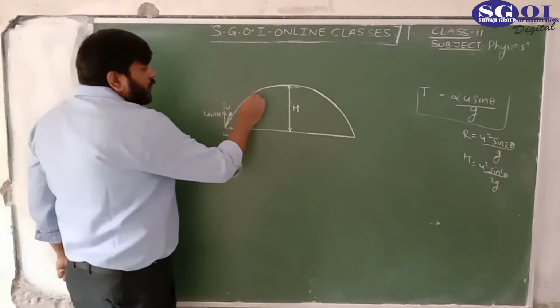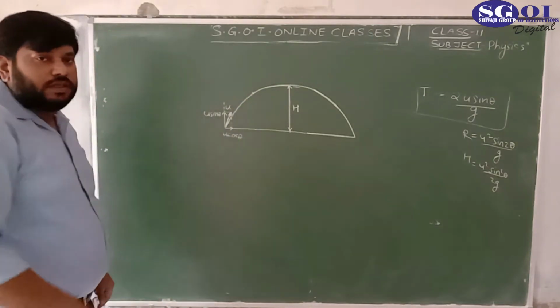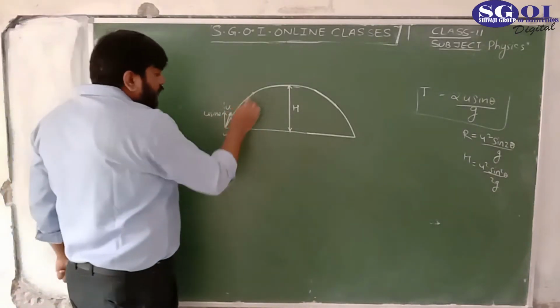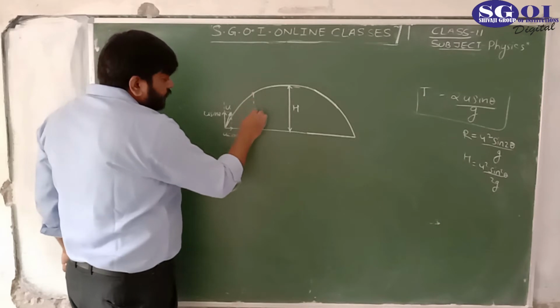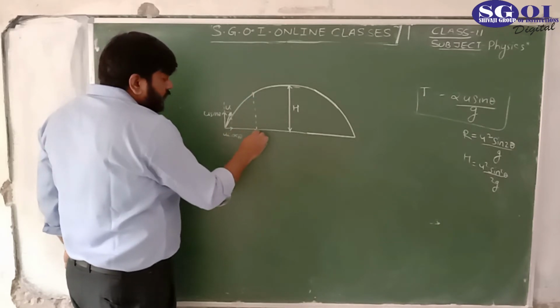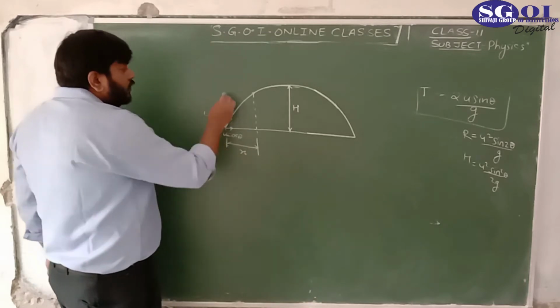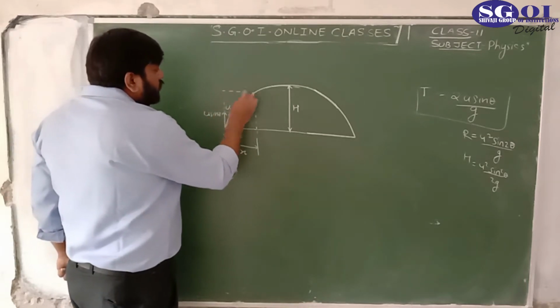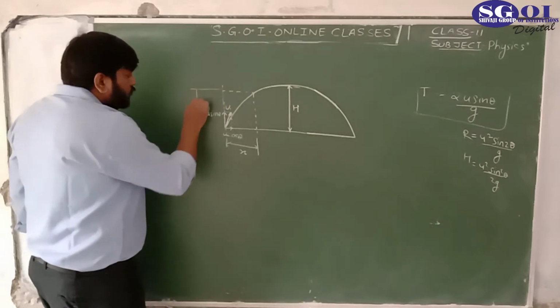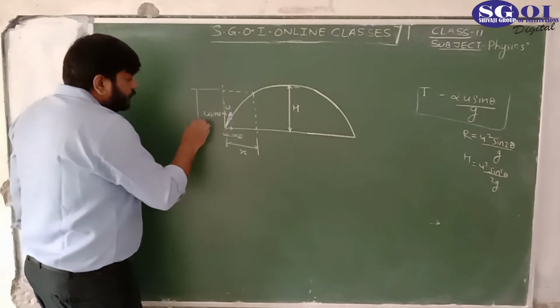we know that at this point the distance covered by the object in the horizontal direction is, let's say, x, and in the vertical it is y.